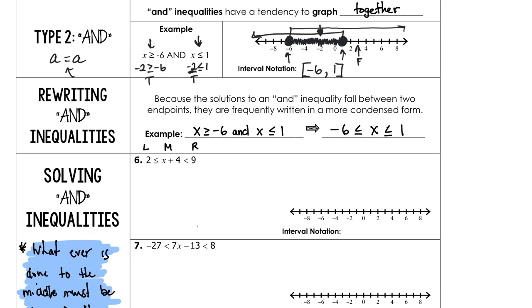Now, the next thing I want to show for and, because of the interval notation, is that the lowest to the highest are just two numbers, and none of these are infinity.